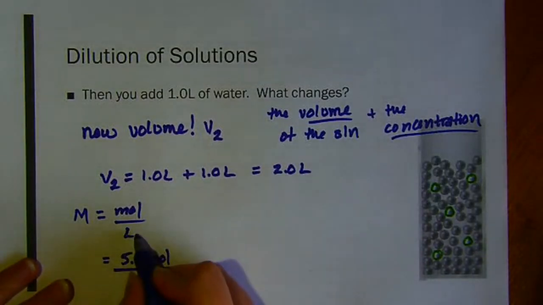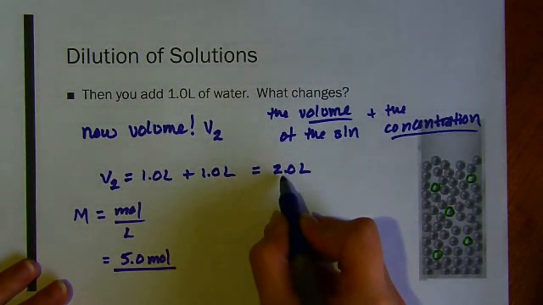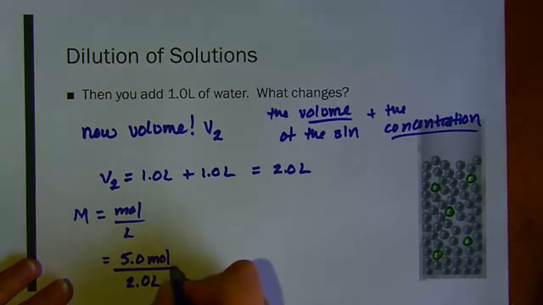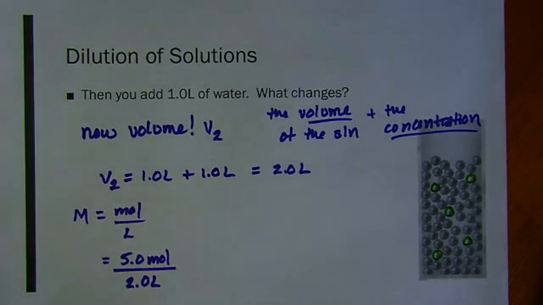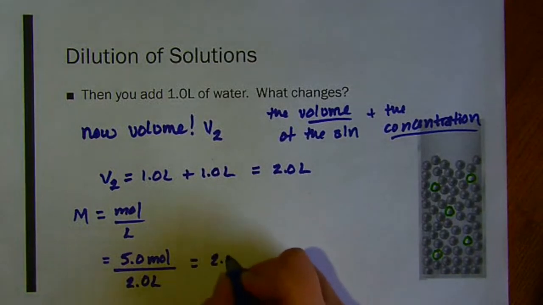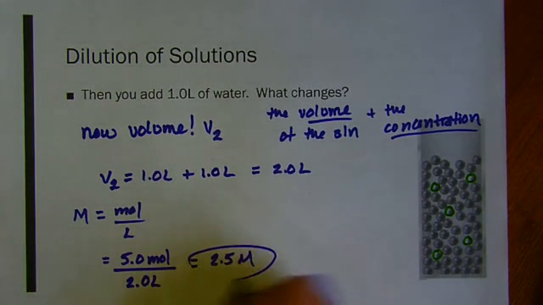But now we have a new volume. So now instead of having 5 moles per 1 liter, now we have 5 moles in 2 liters. So our new concentration is 2.5 molar.